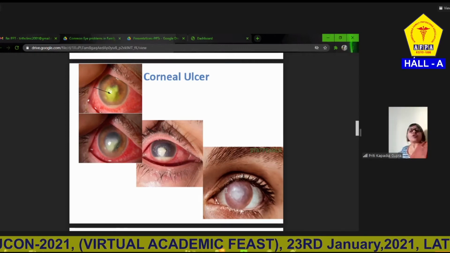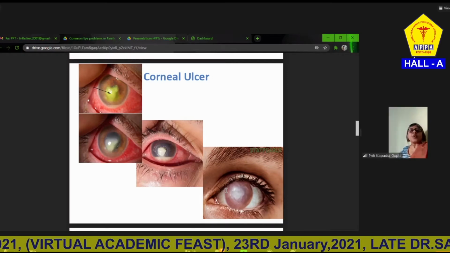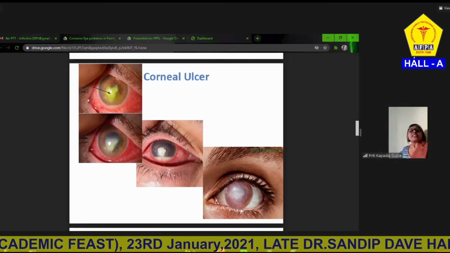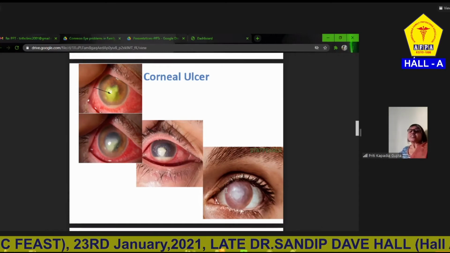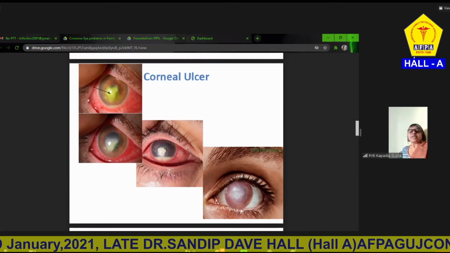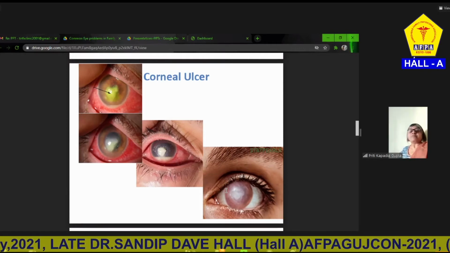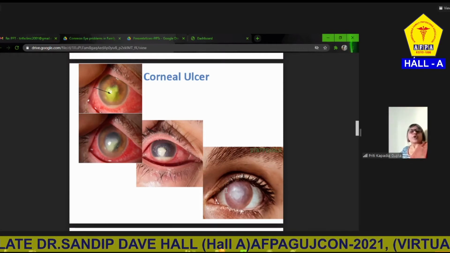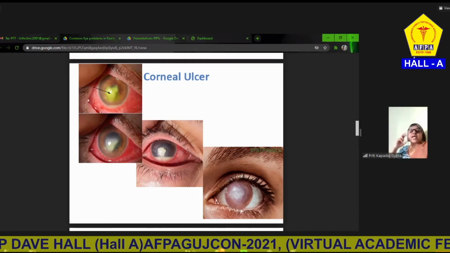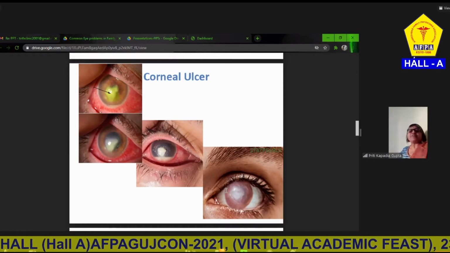I'm sure your ophthalmologist is going to praise you once you use one drop of atropine as a cycloplegic. This cycloplegia reduces a lot of pain, and the patient becomes symptom free till he goes to a doctor. And then it's our job to do gram staining, identify the organism and plan further treatment.